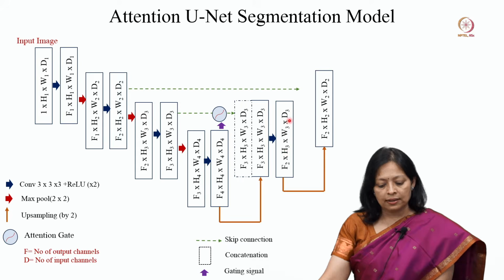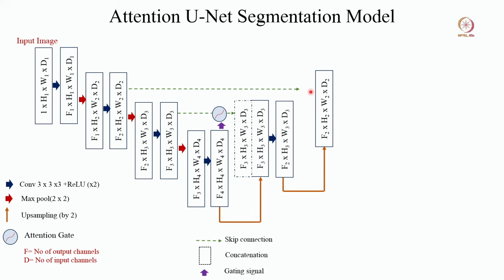So you can see the dimensions have changed here also, and this is the skip connection that is coming from the encoder layer to the decoder, and this is the concatenation with the attention gate here. This attention gate once again is getting one signal from the decoder part and one coming from the encoder, and the same thing continues.